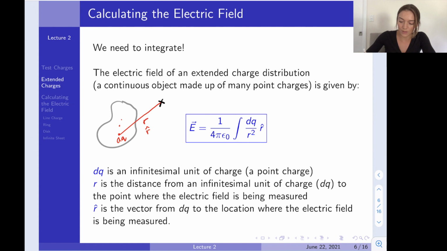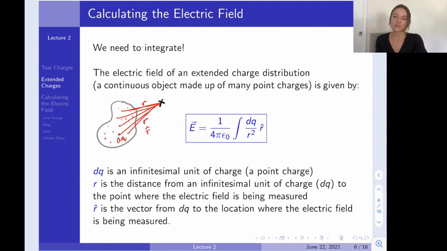You're going to do that for each point in the charge distribution, and you're going to be integrating, right? From each point, you're measuring r, and you're finding r hat, and then you're going to integrate over all of those charges to find the total electric field at that point. So you're basically just summing up all of the individual contributions from each point charge in your charge distribution.